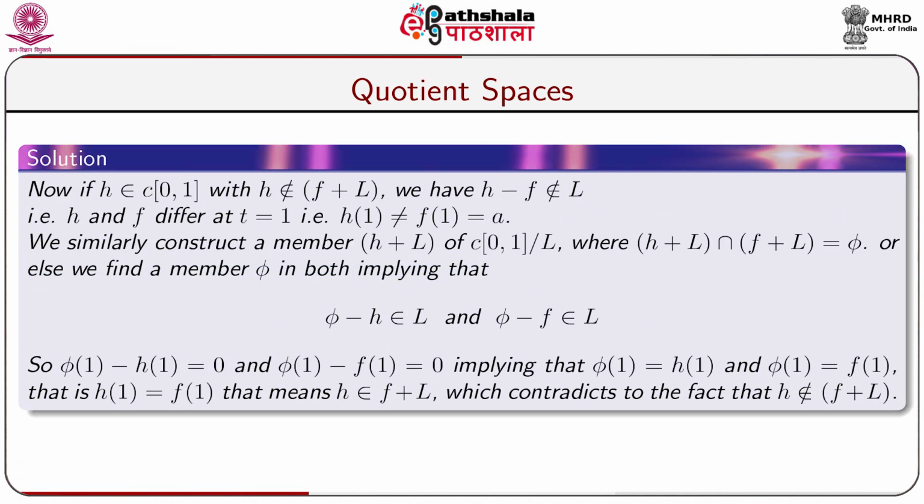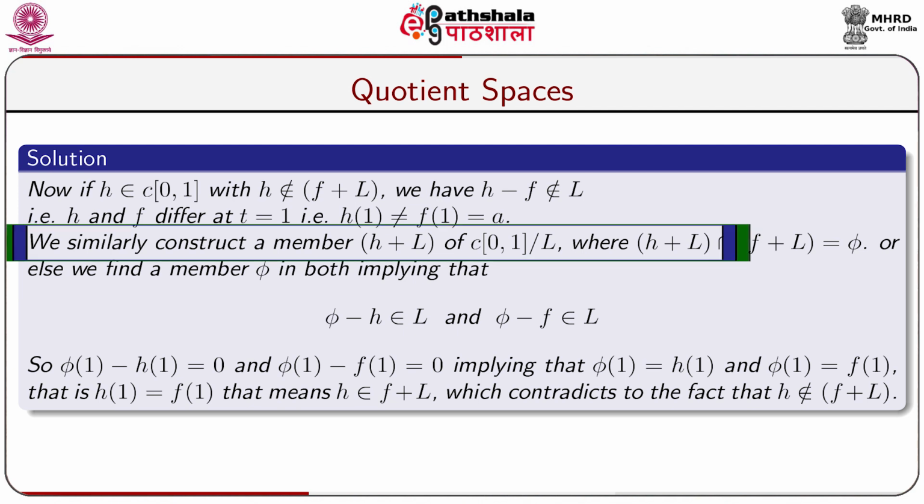Now, if h belongs to C[0,1] with h does not belong to f plus L, we have h minus f does not belong to capital L, that is h and f differ at t equal to 1, that is h(1) not equal to f(1) is equal to a.